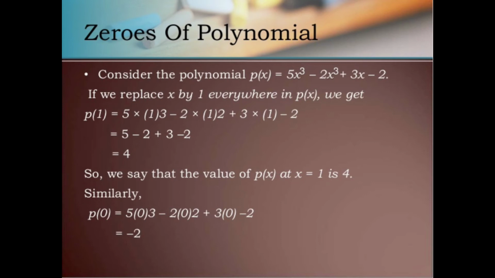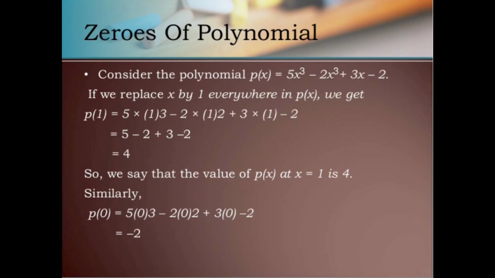So just simplify, and the answer is 4. So we say that the value of p of x at x equal to 1 is 4. It's also the same when x is equal to 0: 5 times 0 cubed minus 2 times 0 squared plus 3 times 0 minus 2. So the answer is negative 2.